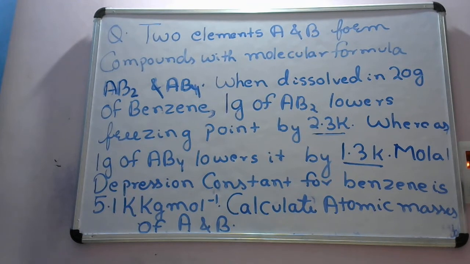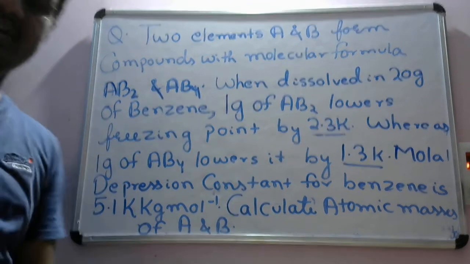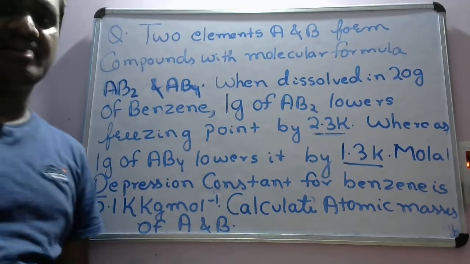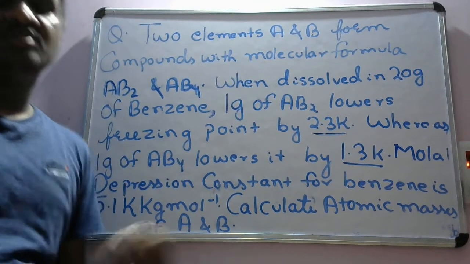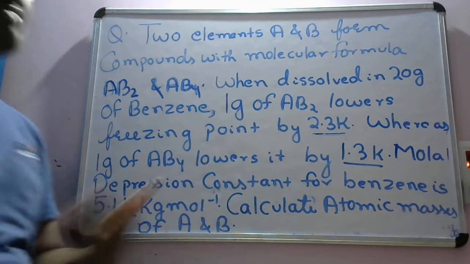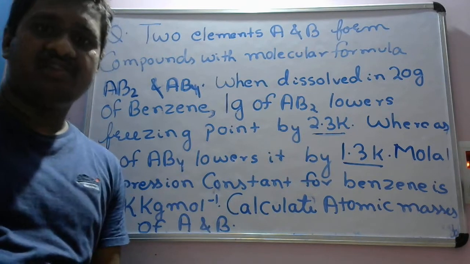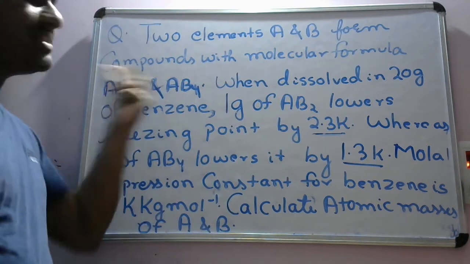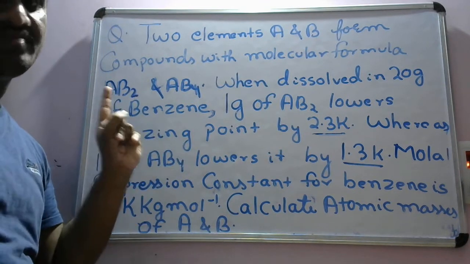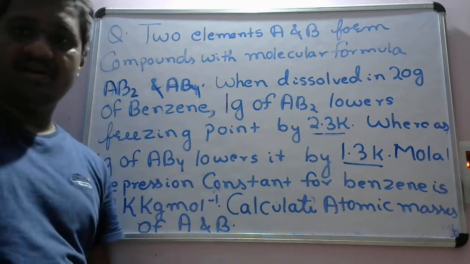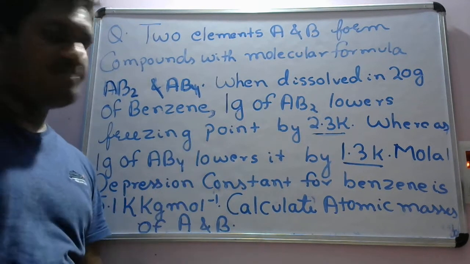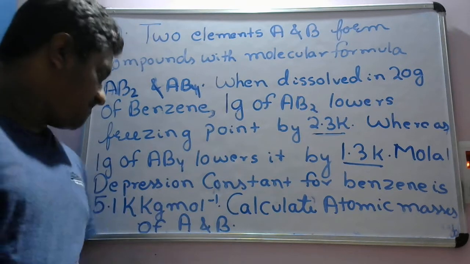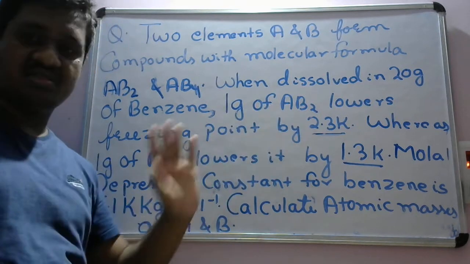For example, carbon monoxide is CO and carbon dioxide is CO2. The formula is different, so obviously the molar mass values will vary. So the freezing point depression is different and the molar masses are also different. Rest all are the same: the mass of solute and the Kf value for both cases.